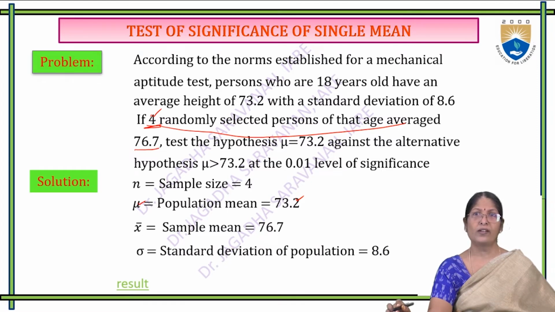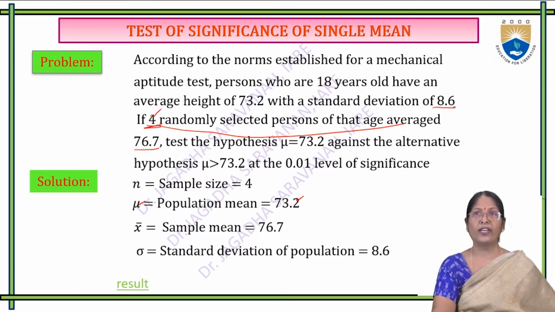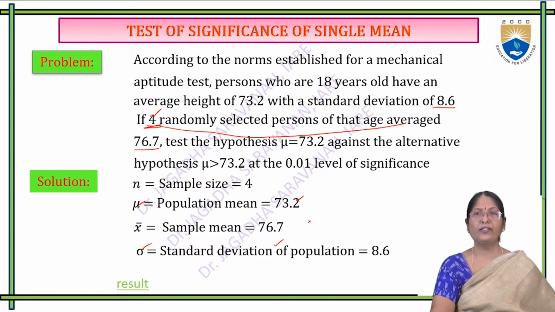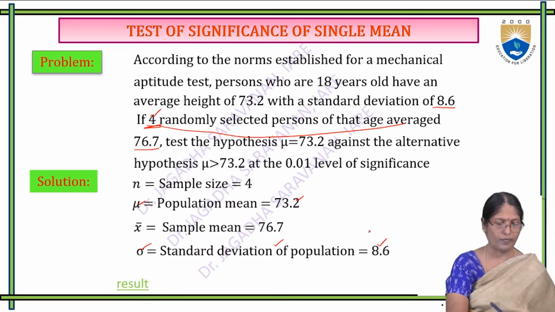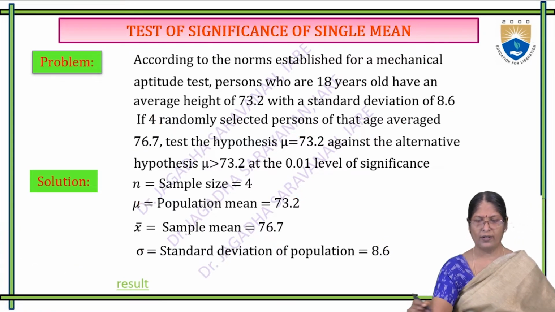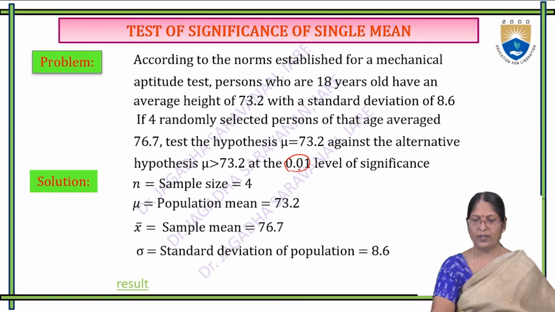Next, sigma. If it is only sigma, it is the standard deviation. Sigma square, that is the square of the standard deviation, is nothing but the variance of the population. Here they gave us 8.6, that is sigma, the standard deviation of the population. So we covered all the data.